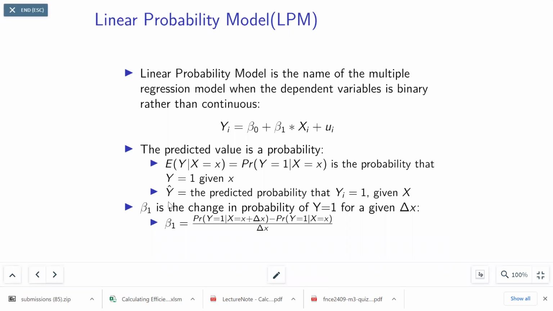Now, y hat, or the predicted value of the model, captures the predicted probability of y equals 1 given x. Hence, beta 1 measures the difference in conditional probability of y equals 1 given the delta change in x.